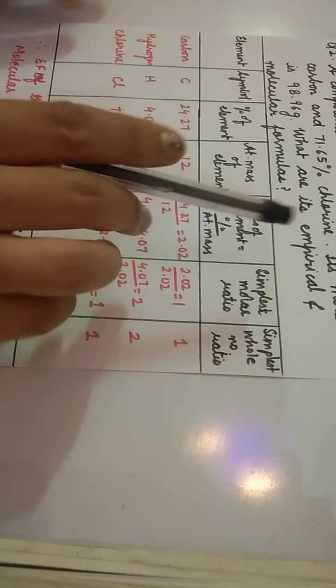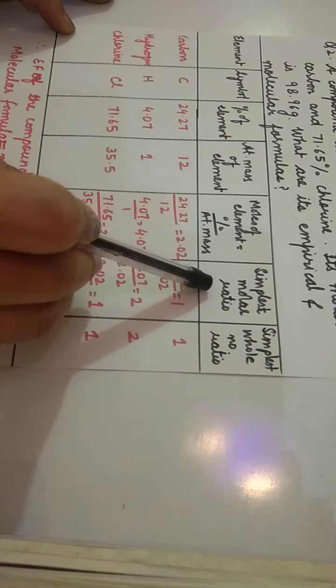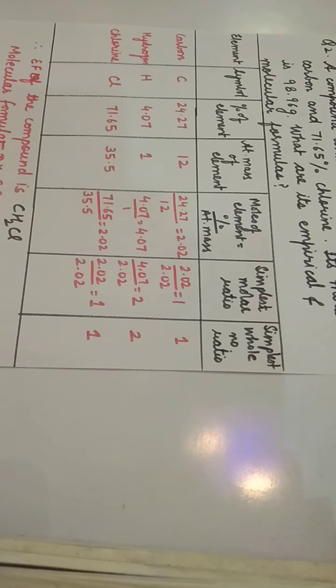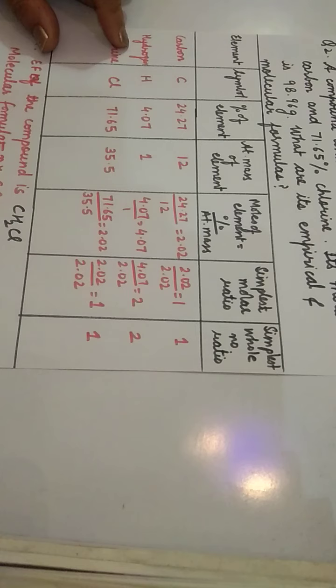Now, after calculating the moles of element, children, you need to find out the simplest molar ratio. To find the simplest molar ratio, first thing is, in the moles of element, find out the lowest number.